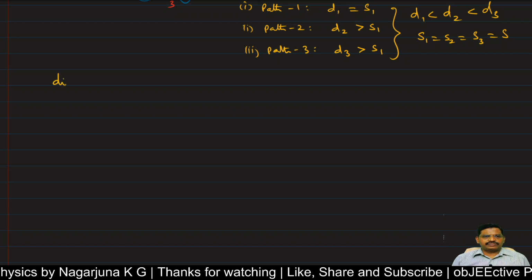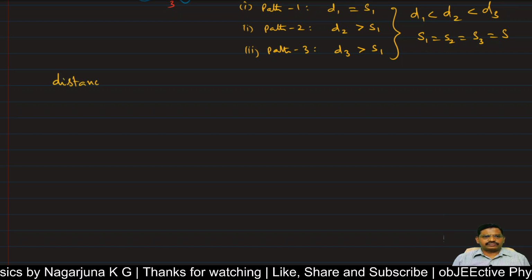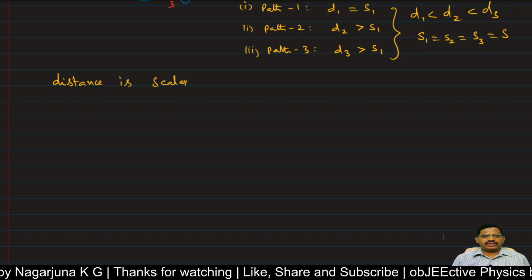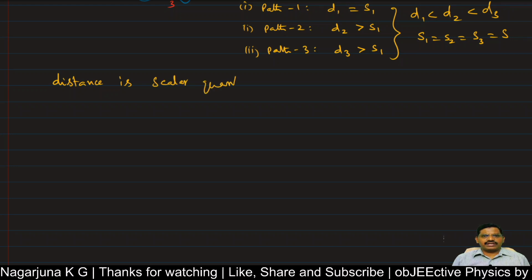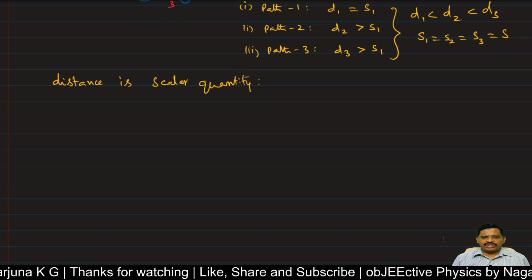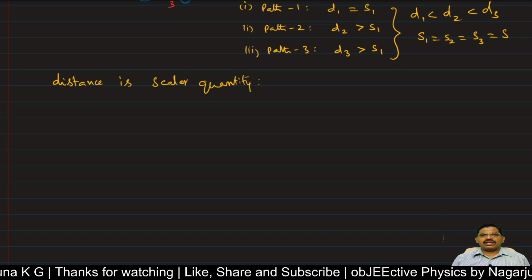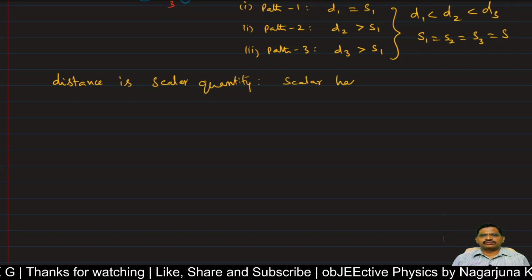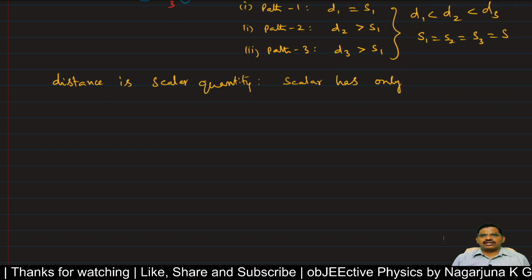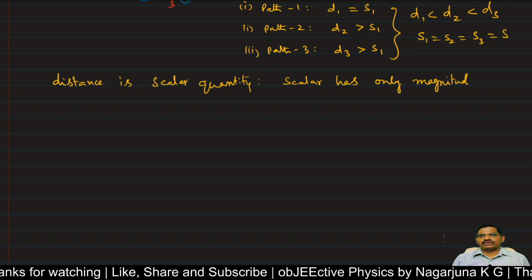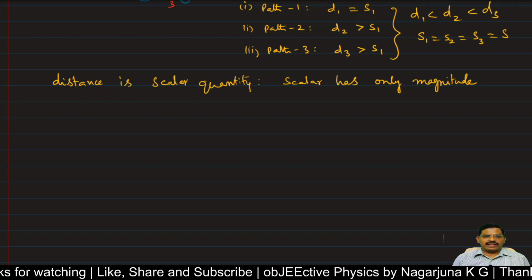And distance is a scalar quantity. Scalar has only magnitude.